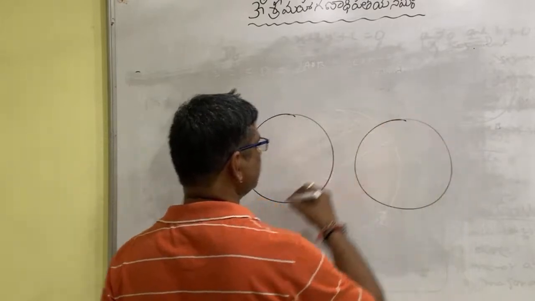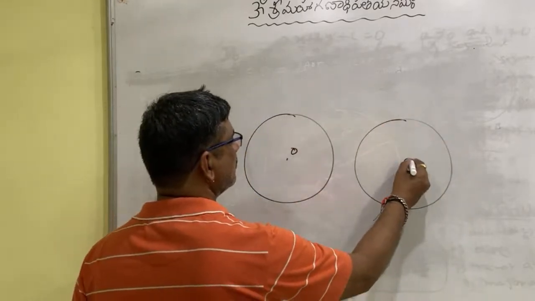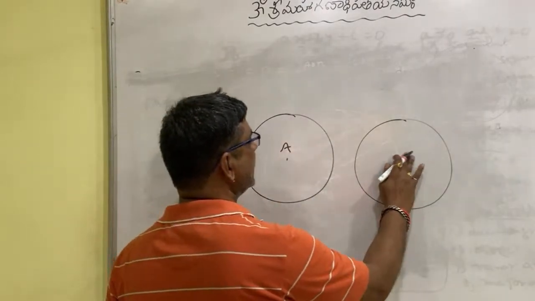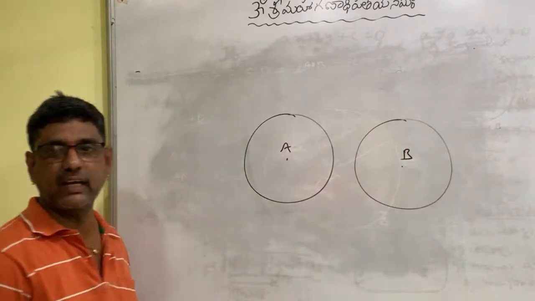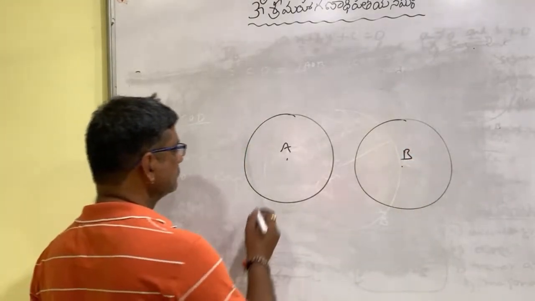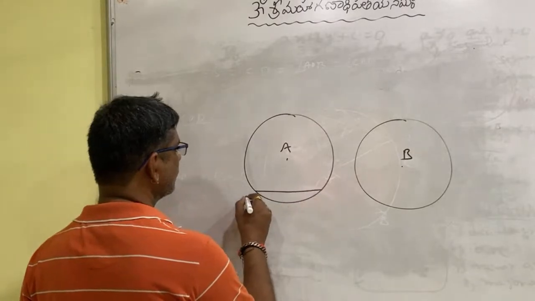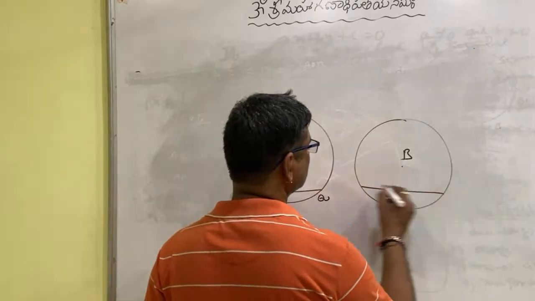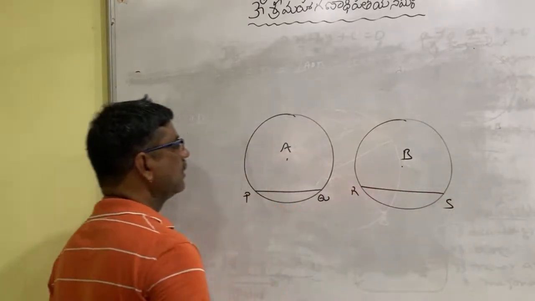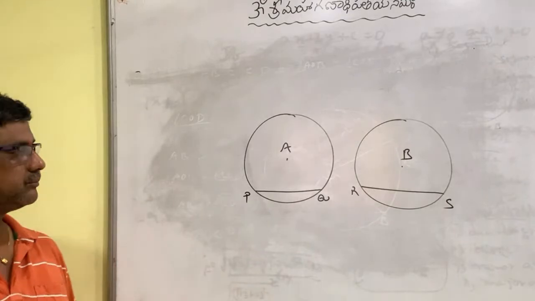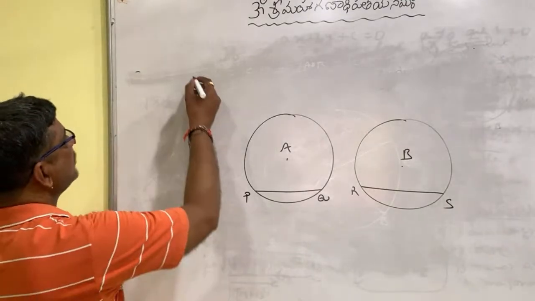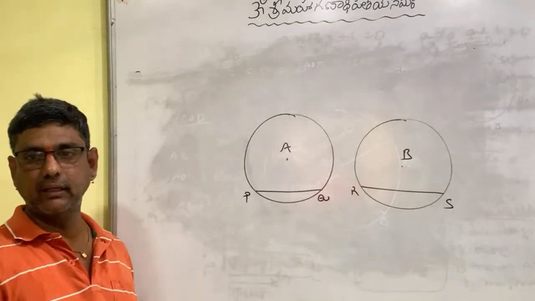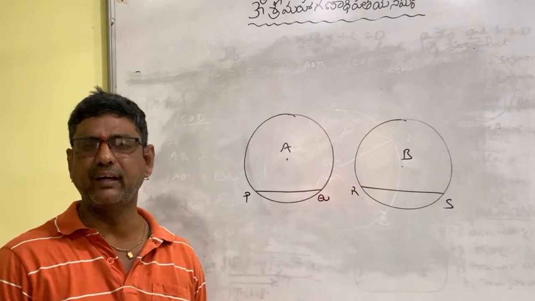The center of one circle is A and the center of another circle is B. Two chords PQ and RS. Now, both the circles are congruent.